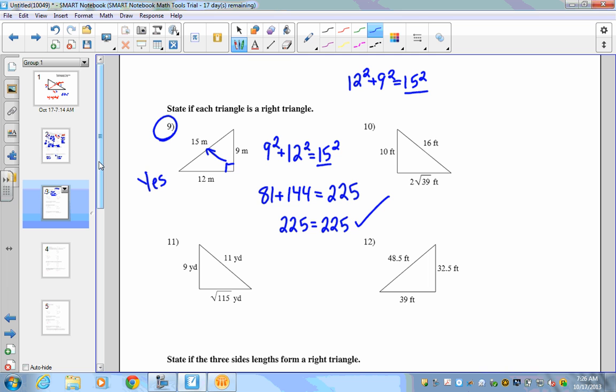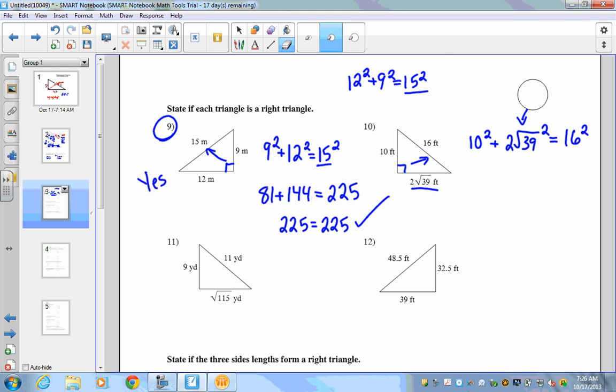And obviously, if it doesn't make a right triangle, then it is not going to work. But let's look at 10 because 10 has something funky here that we haven't seen. This is a right triangle. So this is 10 squared plus 2 radical 39 squared is equal to 16 squared. I'm just going to focus on the 2 radical 39. What happens when you square 2 radical 39?